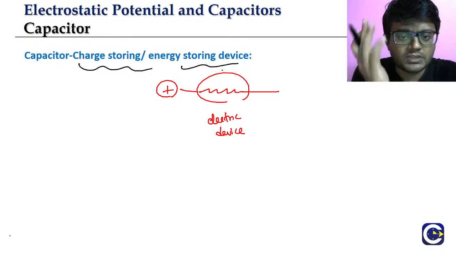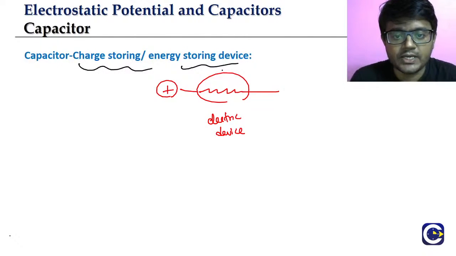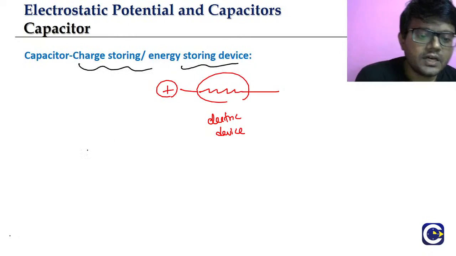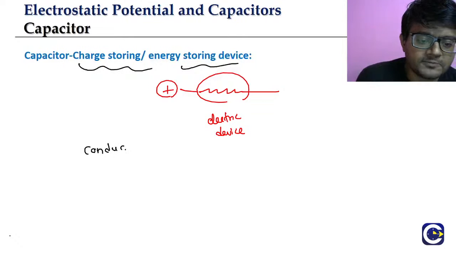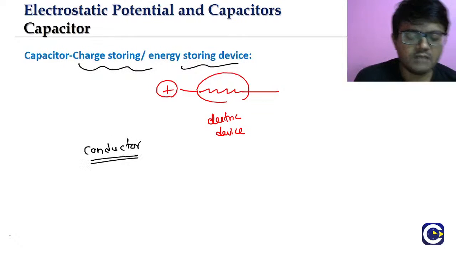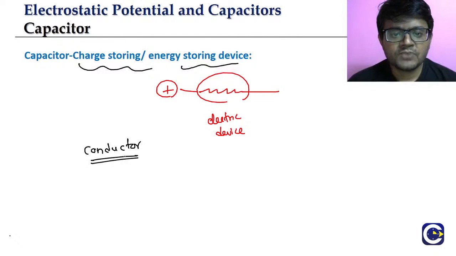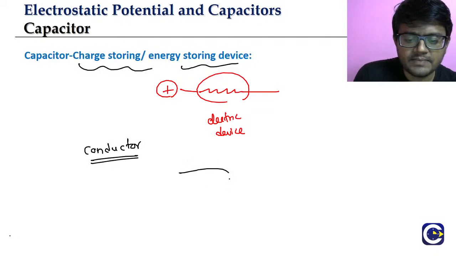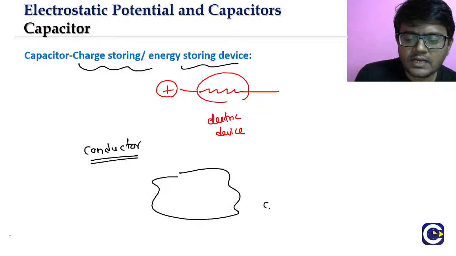When you hear the word device, don't think of something big and complicated. A capacitor can be a simple conductor itself. If you take a conductor, we can call it a capacitor. Why? Say, for example, you have a conductor object made of conducting material.